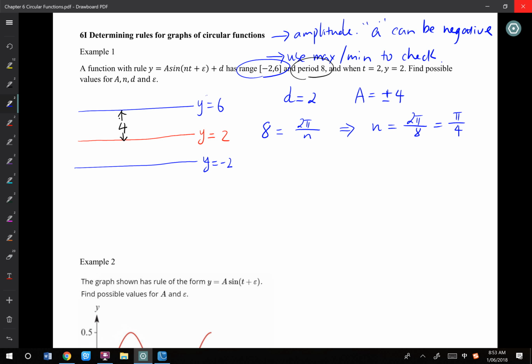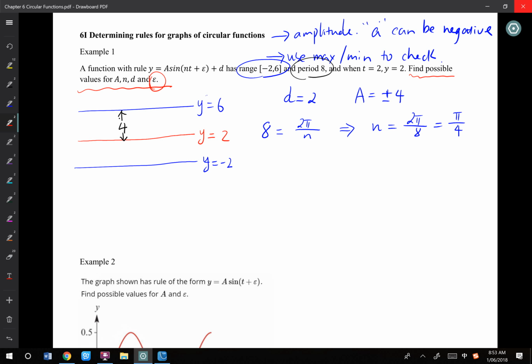Now, what does it say? It says find possible values of a and d and the epsilon. So it's a possible value, so I can assume a is something. Because can you see, I can change this horizontal movement, this epsilon value here, to make it satisfied, because the only condition is 2, 2.